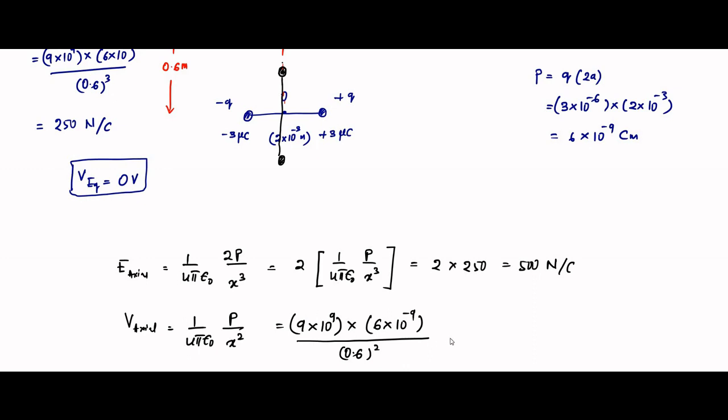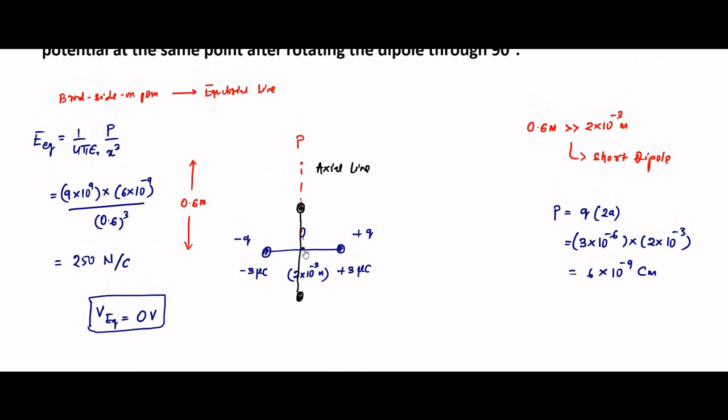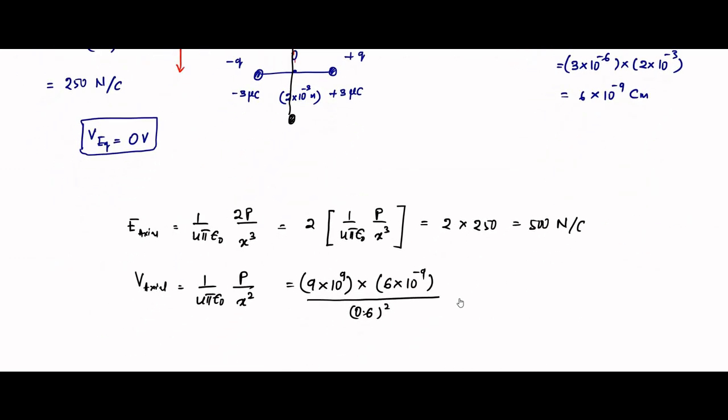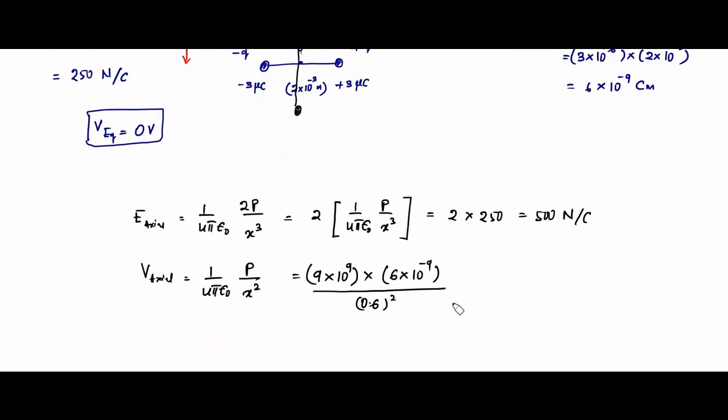Why 0.6? Because the distance of the midpoint of the dipole from that point remains unchanged even when it is rotated through 90 degree. So this gap x remains 0.6. This is coming 150 volt.